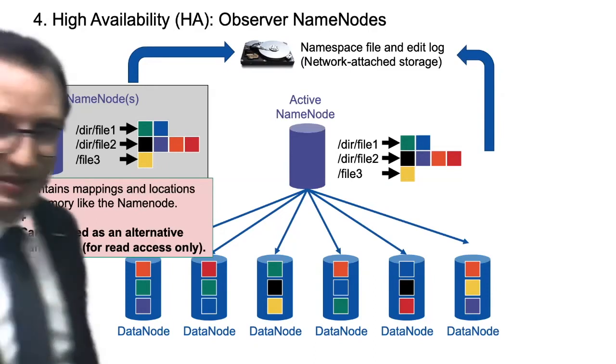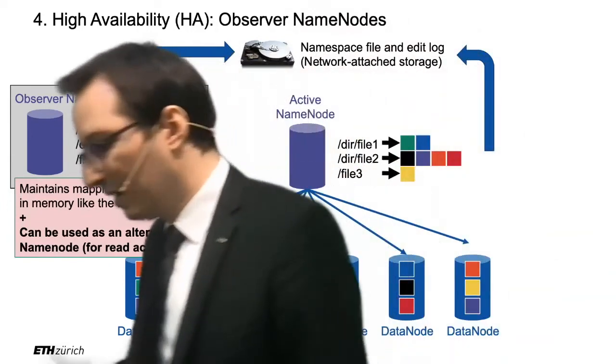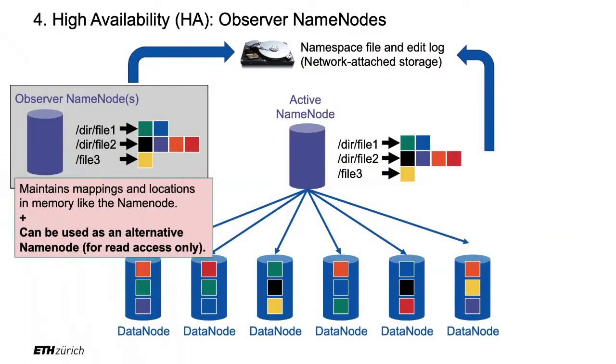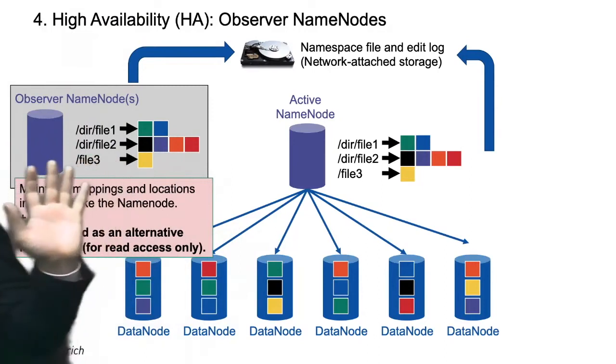But since you have the standby name nodes that have all of this information, it's a natural thing to ask, why wouldn't the standby name node help out the actual name node by serving reads? If you have clients that just want to list the contents of a directory, or they want to get the block IDs for a certain file and read it and so on, why don't you allow the clients to connect to these standby name nodes?